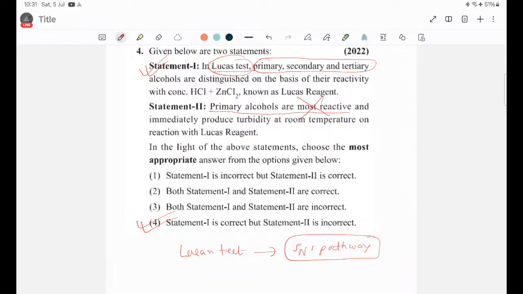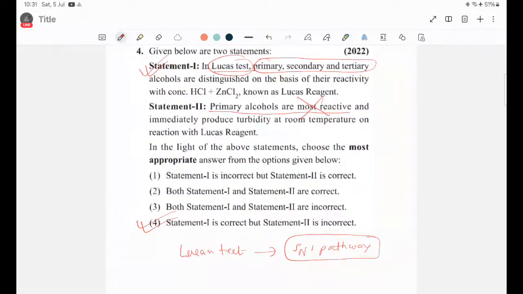Look into this: without clearing the concept or the mechanistic part, you cannot attempt this kind of questions, because by only memorizing the Lucas test or only memorizing the reactant and product side, you cannot solve this kind of questions. The question is hidden in the mechanistic part of Lucas test.